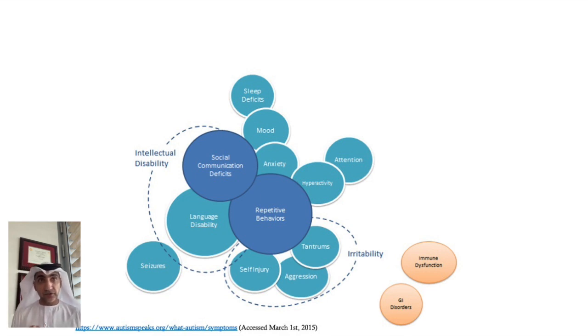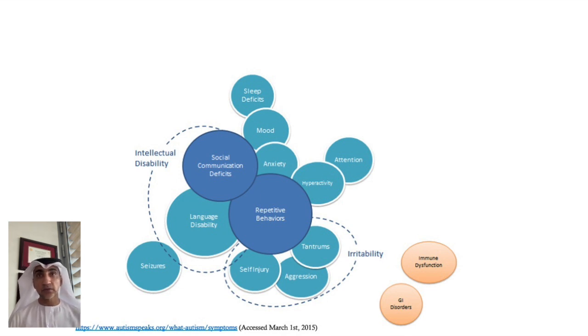It shows that children with autism, if you see the two blue bubbles in the middle, represent the core symptoms of autism. In addition to the core symptoms, children with autism can present with variable degrees of comorbid presentations, including strengths, by the way, or difficulties.